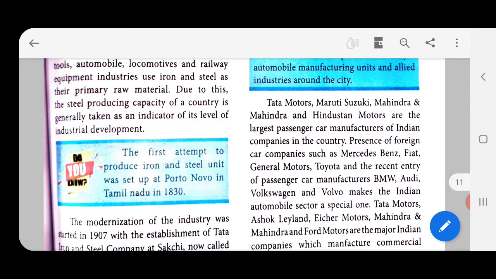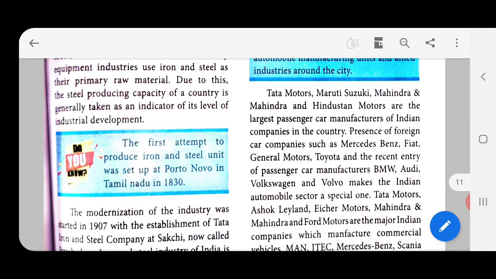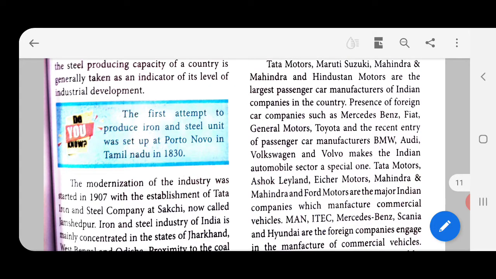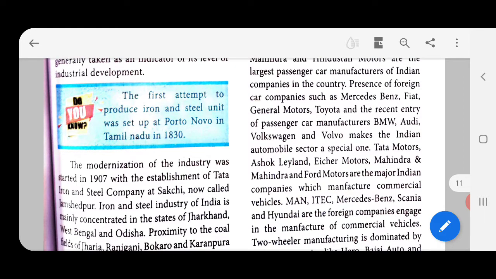Tata Motors we know, Maruti Suzuki we know, Mahindra, all these are manufacturing vehicles which are used in our country.